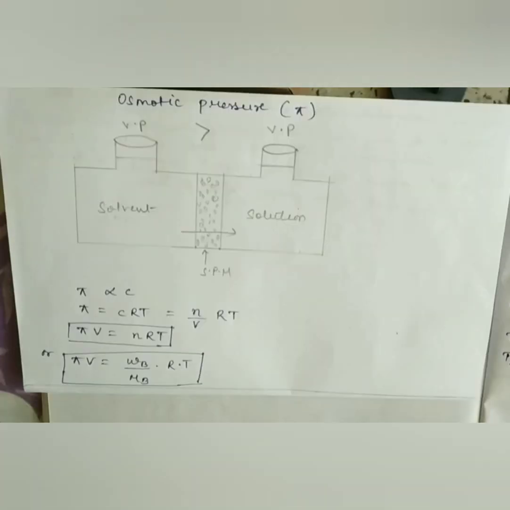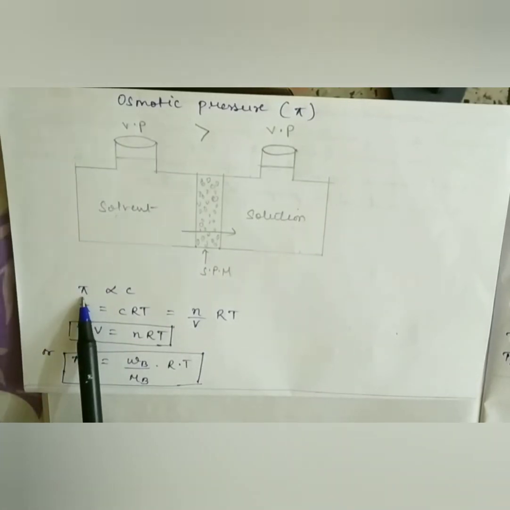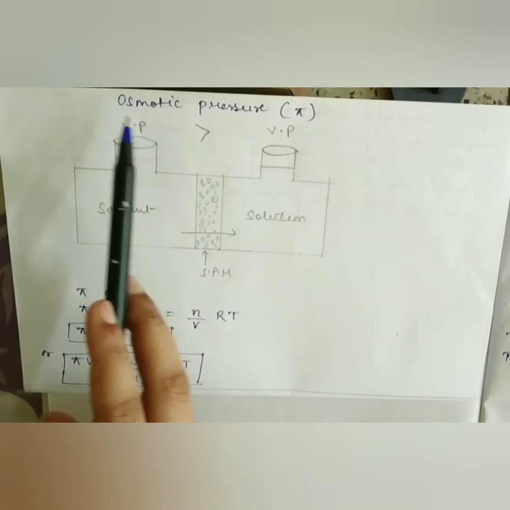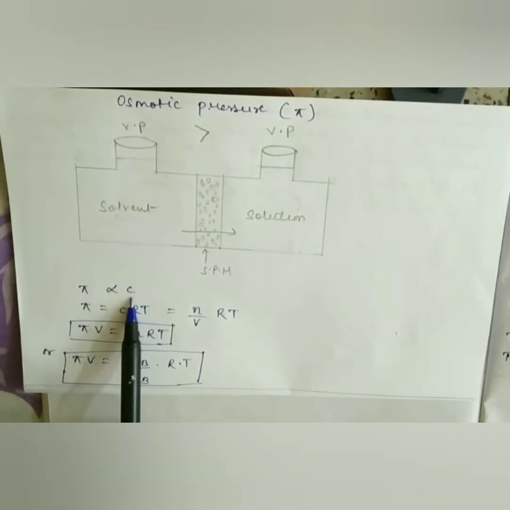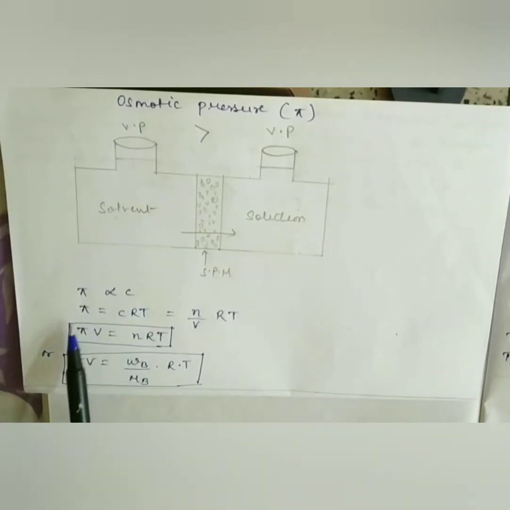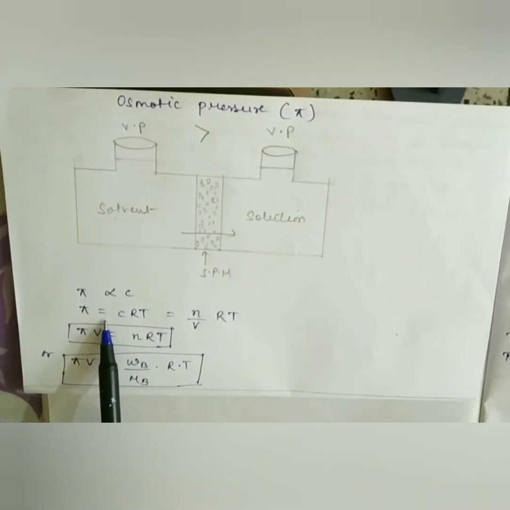So we can derive an equation to express the osmotic pressure. Pi, which denotes the osmotic pressure, is directly proportional to the concentration of the solution, since it is a colligative property.